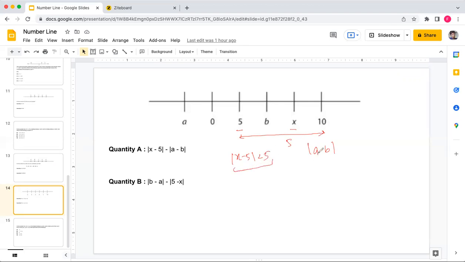And we have |A minus B|. Now see, if this distance is 5 and B is on the right side and A is on the left side, this distance has to be greater than 5, at least greater than 5. That's why quantity B is greater.